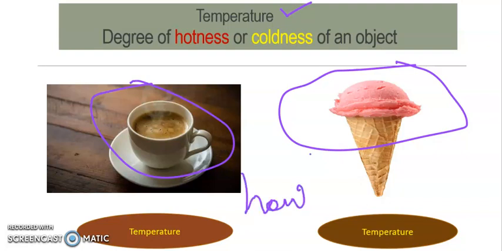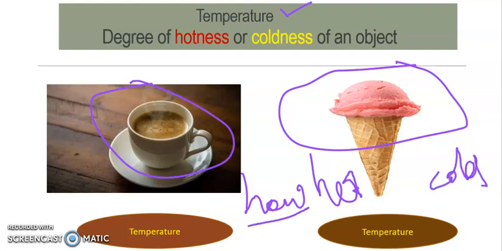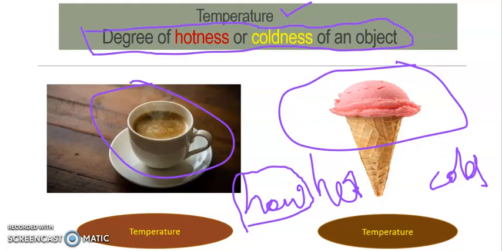How hot or cold an object is is determined by temperature. That is the degree of hotness or coldness of an object. Heat energy is the flow, and temperature is the degree of hotness or coldness of an object. How hot or how cold an object is, that is temperature.